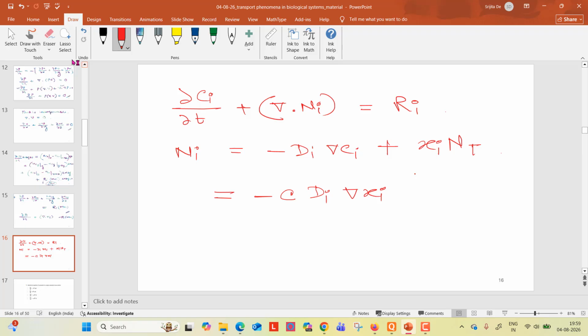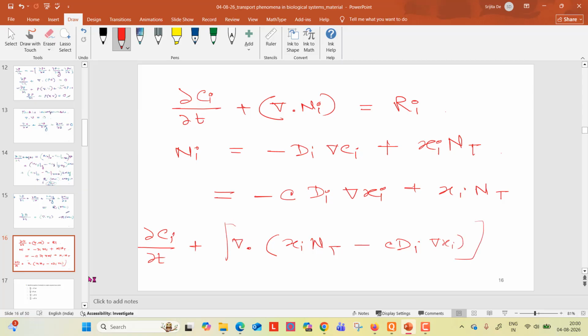So if we want to represent it in terms of mole fraction, we can write this, right? Plus Xi into Nt. Now if we replace this in the governing equation, what will it come to? Del Ci del t plus divergence of Xi Nt minus C Di grad Xi, right? It will be equal to Ri, right?